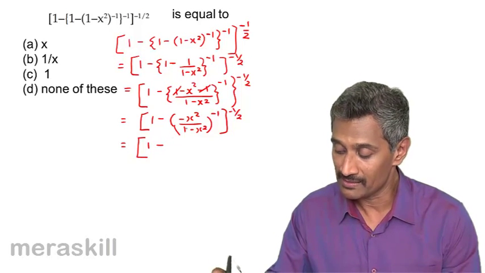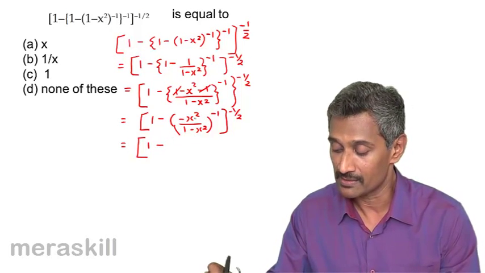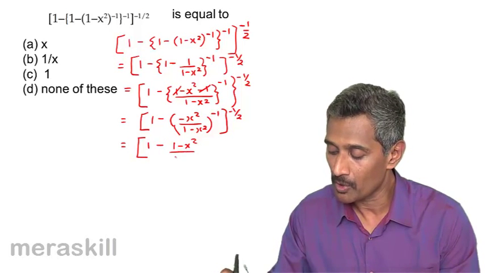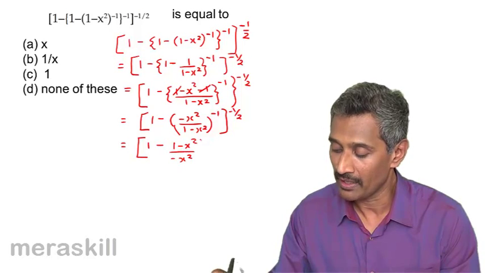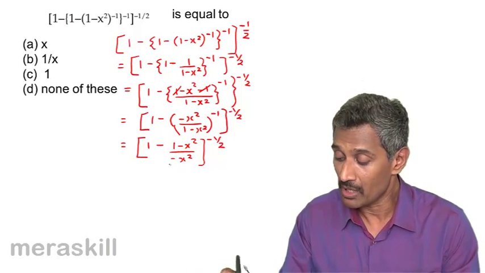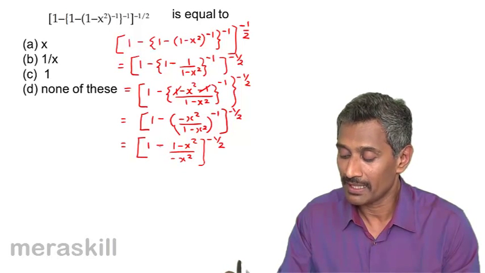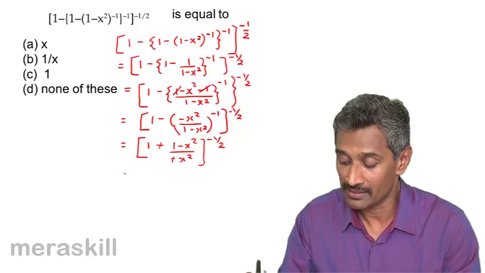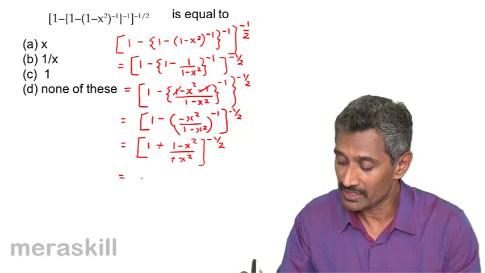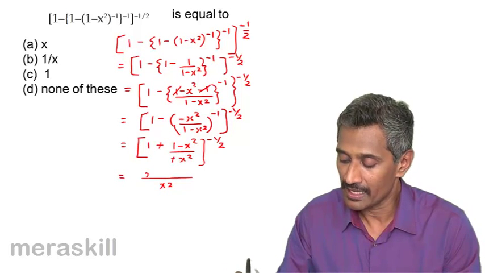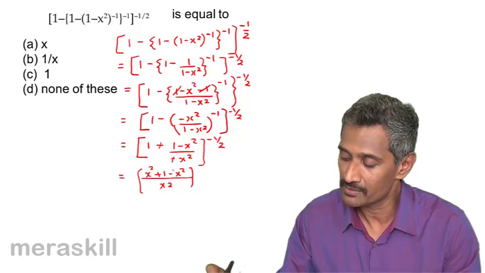So it's 1 minus the reciprocal of this, which is 1 minus x square upon minus x square, and this has been raised to minus half. Now here this minus and minus of minus can be made positive, so we can write this as plus. Again take the LCM. If you take the LCM, it's x square, and here it is x square plus 1 minus x square, the whole raised to minus half.